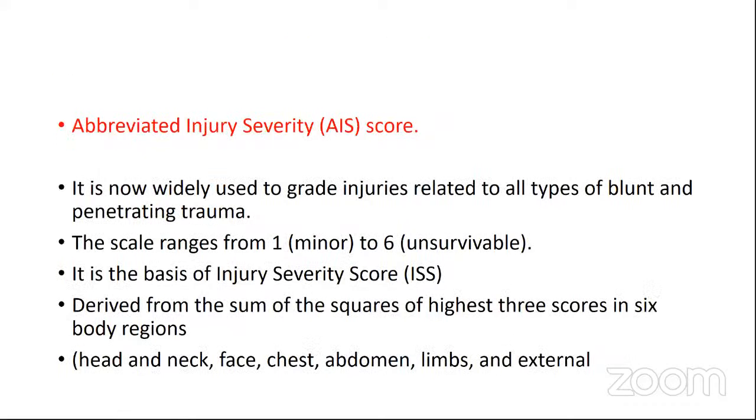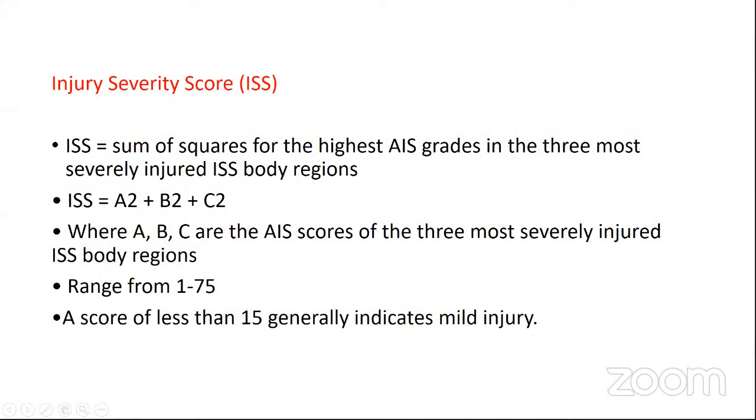If there is a face injury, we take the AIS score of the face, and for the chest and abdomen we take their AIS scores, along with the limbs. We take the highest grades of the AIS score, square them, and add up those 3 highest AIS scores from the patient to get the ISS score.